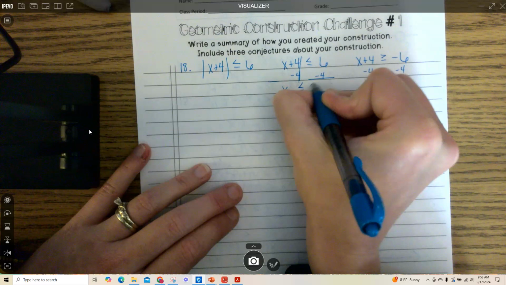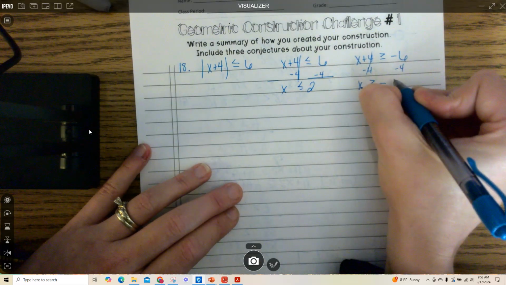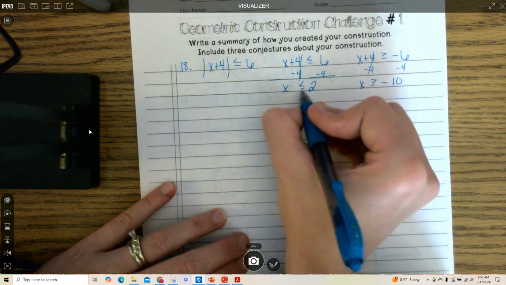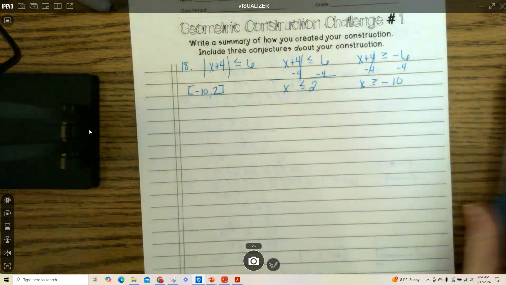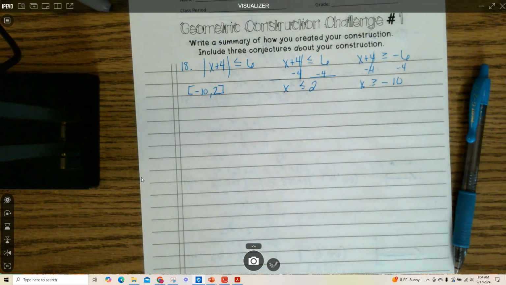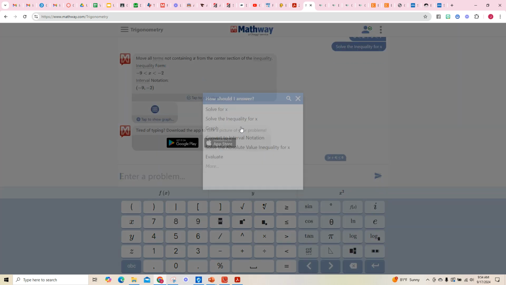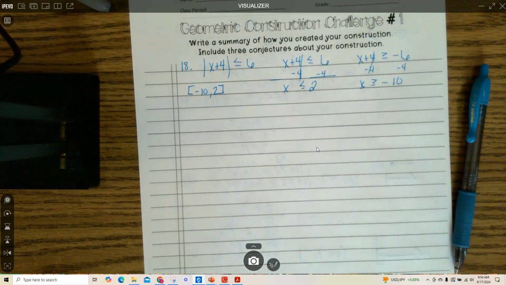So this would be 2, this would be -10. Greater than -10, less than 2. So I think, but let me check my answer really quick. Yeah, that's what it was. Yep, okay, that's good.